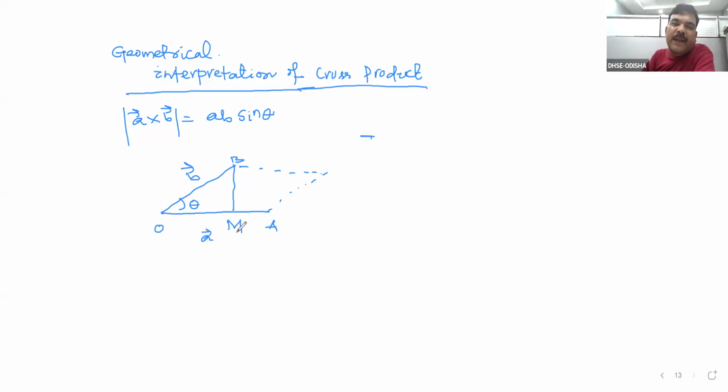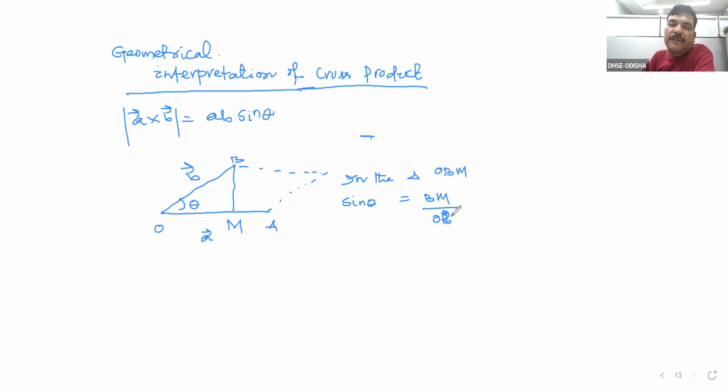In the triangle OBM, sin theta is equal to BM upon OB.